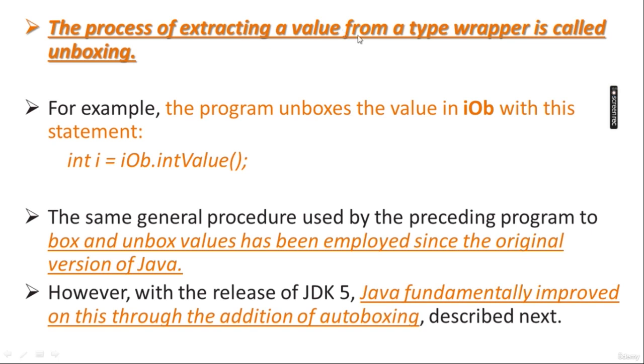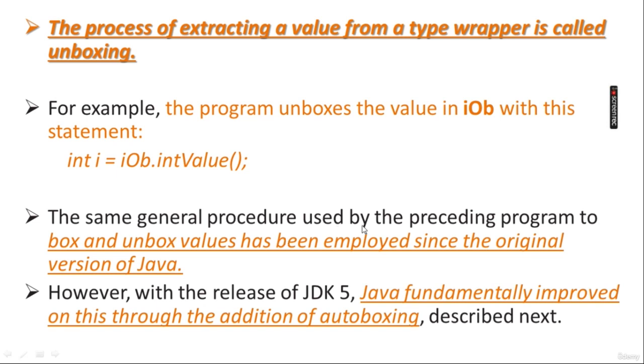The process of extracting a value from a type wrapper is called unboxing. Unboxing will give you the primitive type value of that particular wrapper class. Like in iObject, I have wrapped the integer value, and its intValue will return its primitive value, and that primitive value I am storing into the variable i.